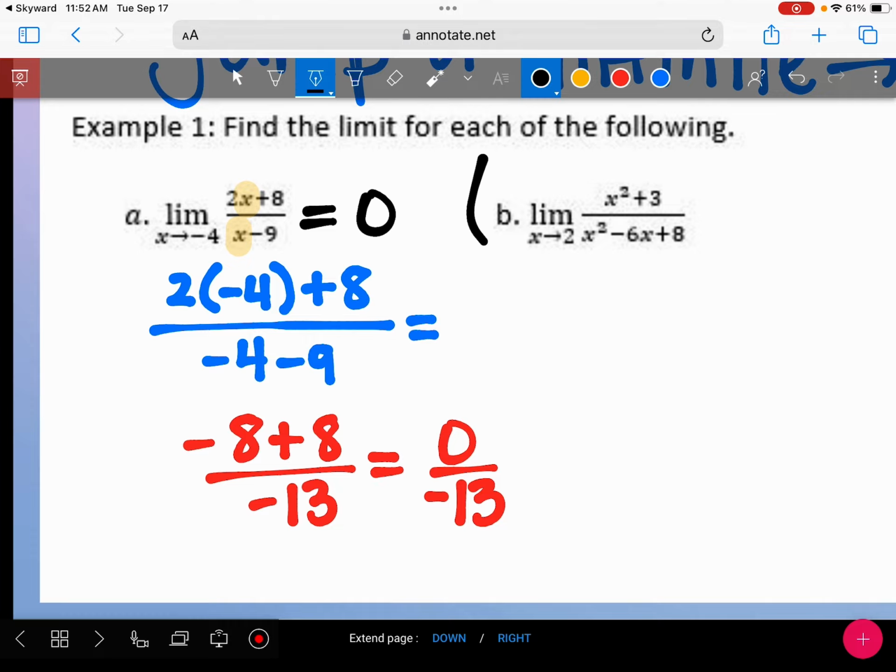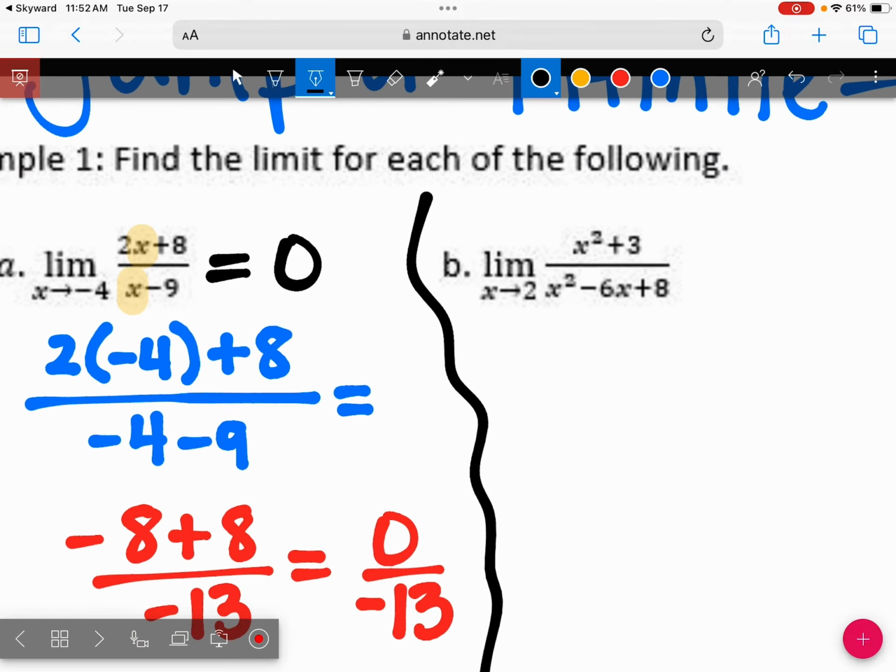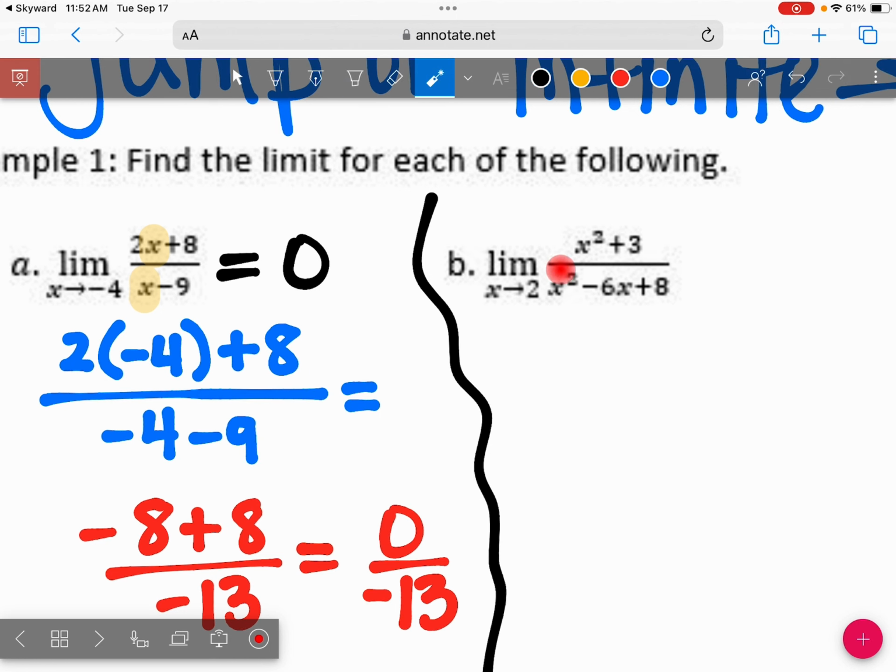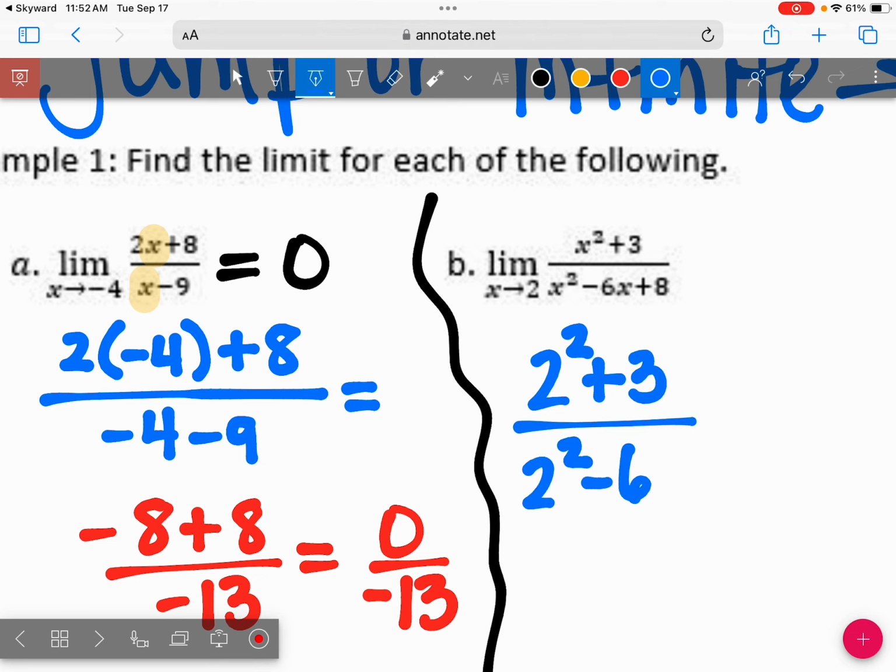So now for question B. For question B, the limit of this function as x approaches 2. We're going to substitute a 2 in. Let's go ahead and do that. 2 squared plus 3 over 2 squared minus 6 times 2 plus 8.